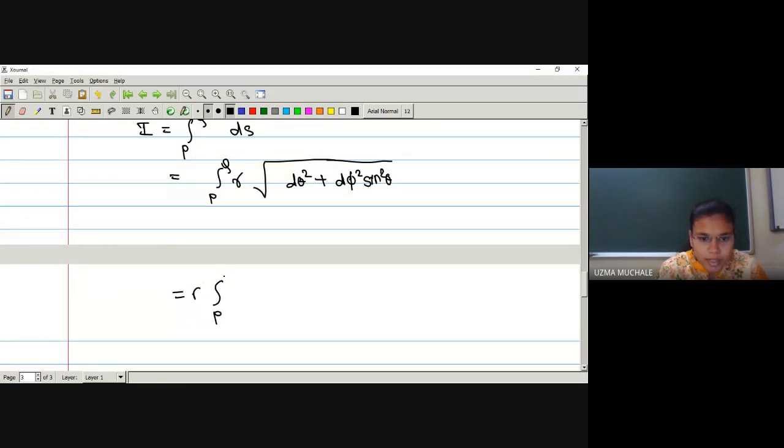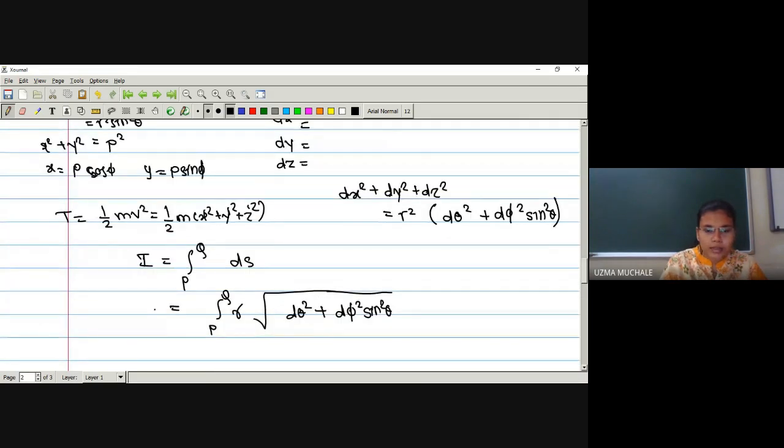Inside the integration, if I take d theta common, what remains? 1 plus sine square theta I will keep as it is. So this will be d phi square. If I take d theta square common, this will be d theta square, and if d theta square is outside of the square root, it will simply be d theta. Okay? Any doubt? Okay?